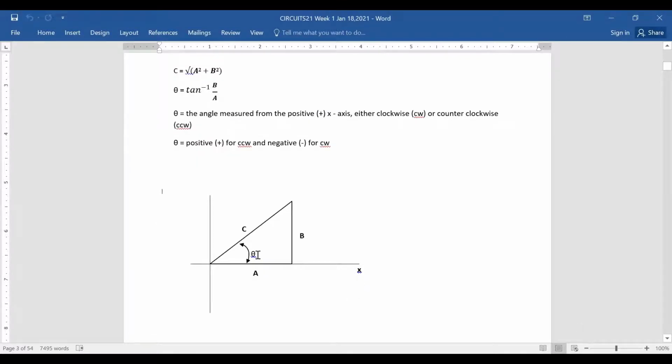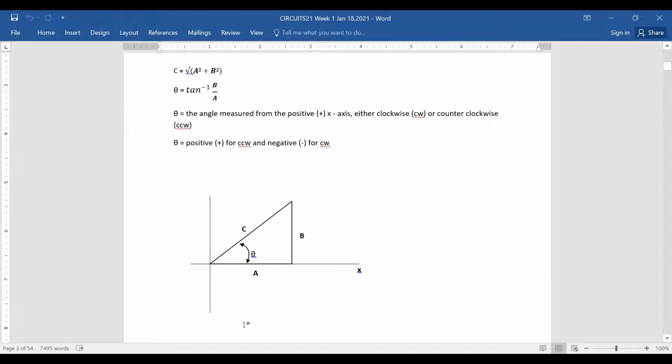And at the same time, how do you know that the correct answer for our theta is positive or negative? Or how do we know that our theta is located in the first, second, third, or fourth quadrant?